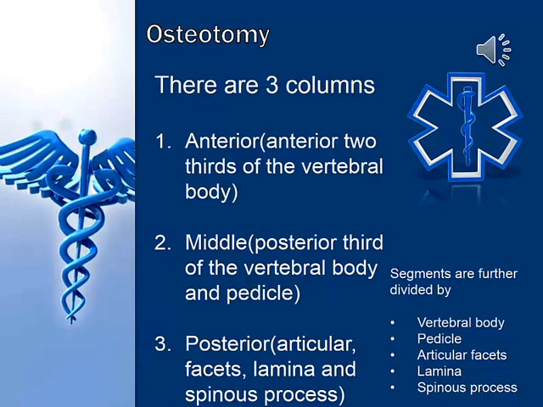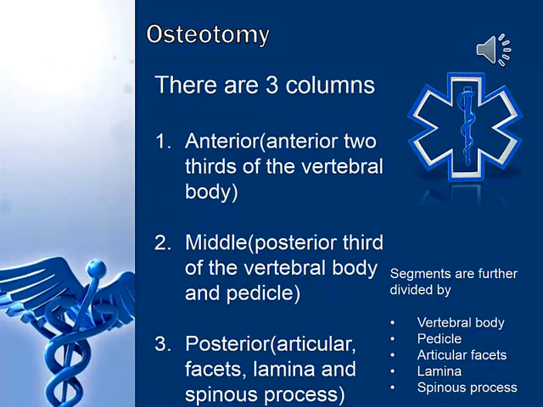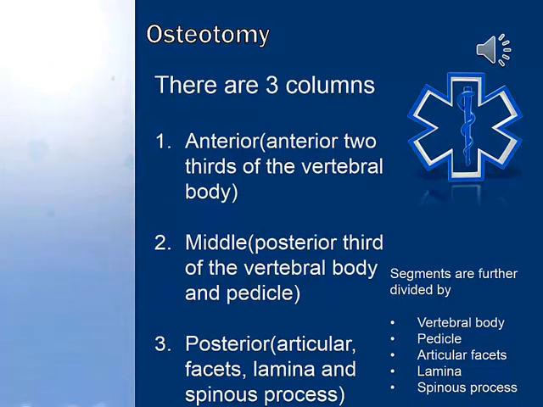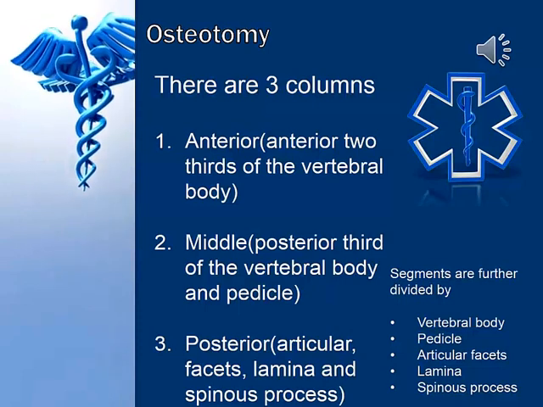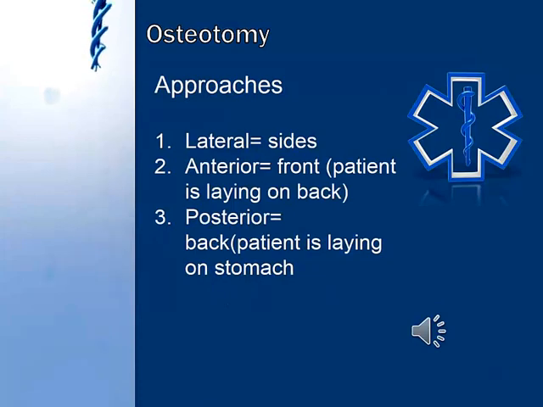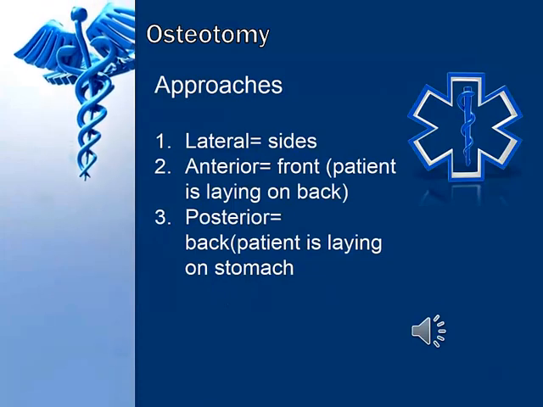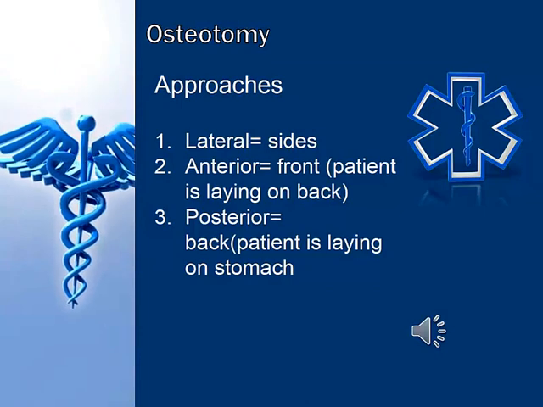It's the anterior 2/3 of the vertebral body. Then you have the middle column, which is the posterior third of the vertebral body and the pedicle. And then the third column is the posterior column, which consists of the articular facets, the lamina, and the spinous process.